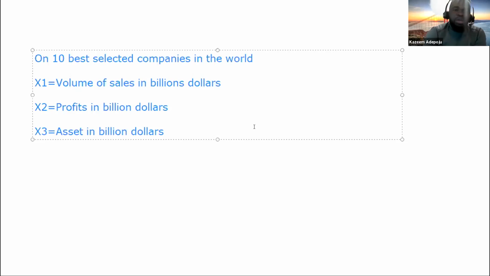Now, from these 10 best selected companies, let's assume that we want to test a hypothesis, and the hypothesis that we want to test is a vector. We're going to get a sample mean here, and the sample mean here. So we want to test the deviation between the sample mean and the threshold.